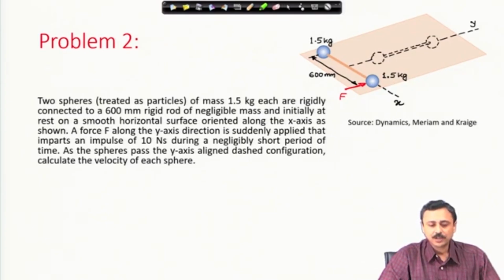A force F along the y axis direction is suddenly applied that imparts an impulse of 10 Newton second during a negligibly short period of time. As the spheres pass the y axis aligned dashed configuration, you can see the dashed configuration is aligned with the y axis. When the spheres pass this dashed configuration, calculate the velocity of each sphere.